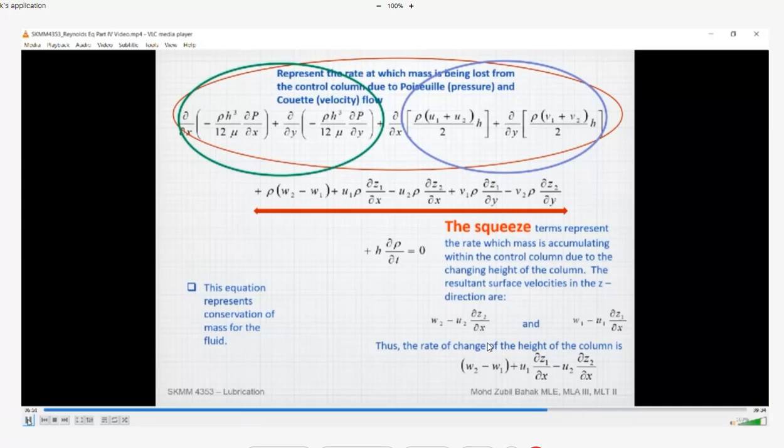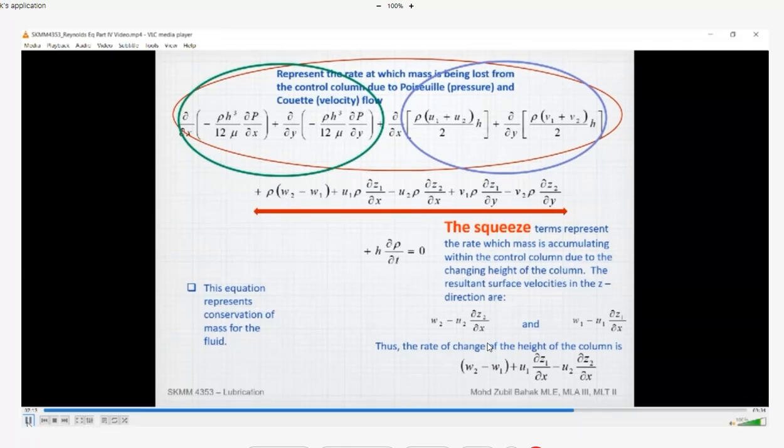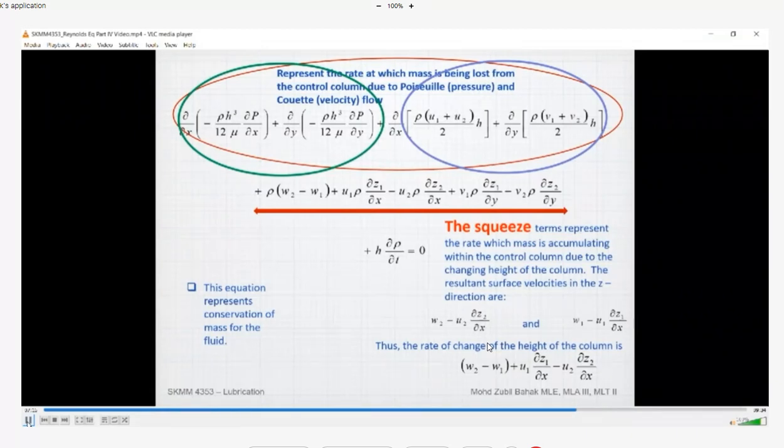The resultant of the surface velocity in the z direction is w2 minus u2 partial z2 over partial x, and w1 minus u1 partial z1 over partial x. So the rate of change of the height of the column is w2 minus w1 plus u1 partial z1 over partial x, minus u2 partial z2 over partial x.